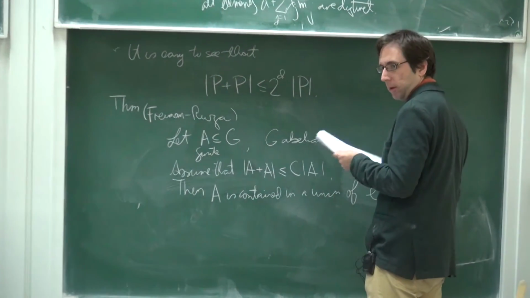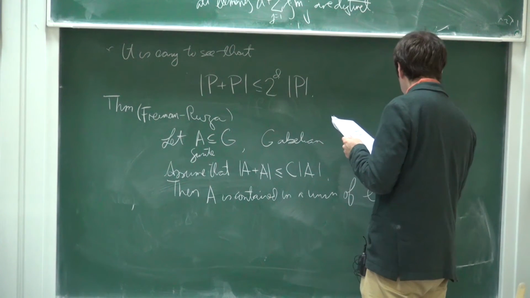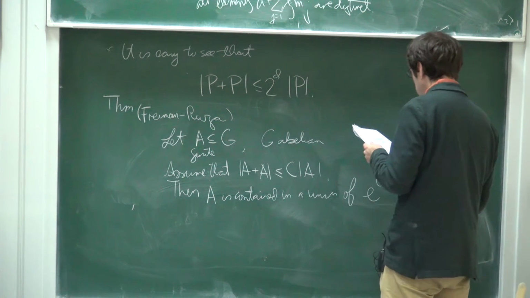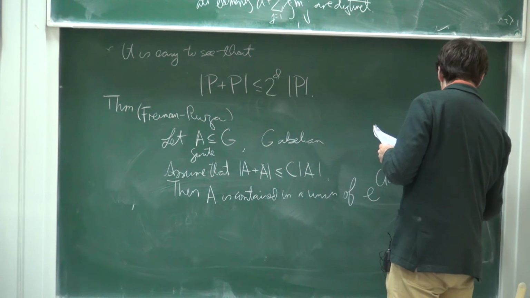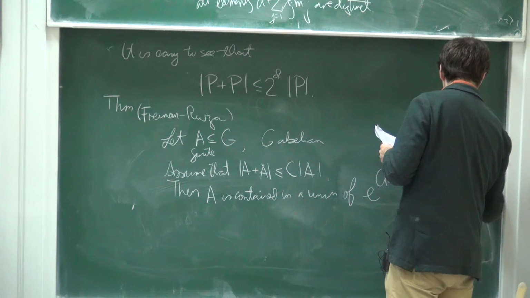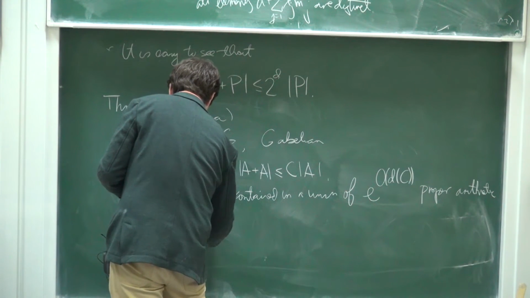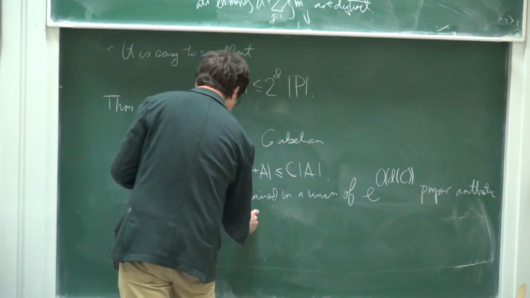So O notation everybody is happy with from last time. It means at most a constant times. E of D of C. D of C will be some function. Proper arithmetic progressions of dimension at most D of C.